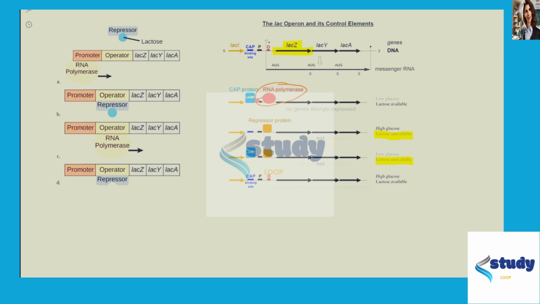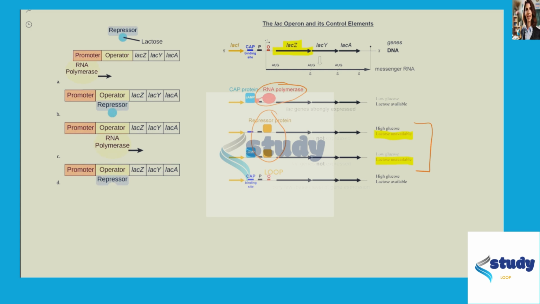So if we look at the two situations here, we see that our repressor protein is going to be bound to the operator region. And this is because the repressor protein will only unbind in the presence of lactose.